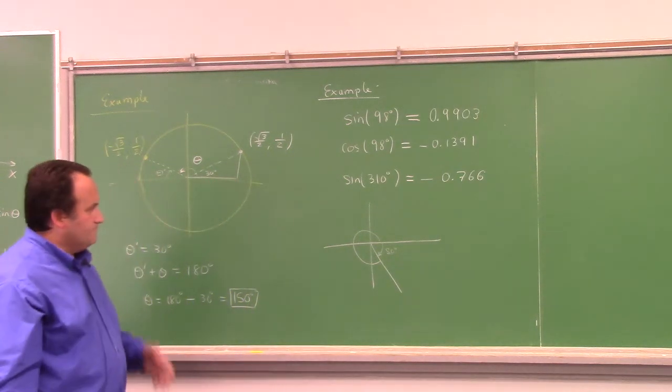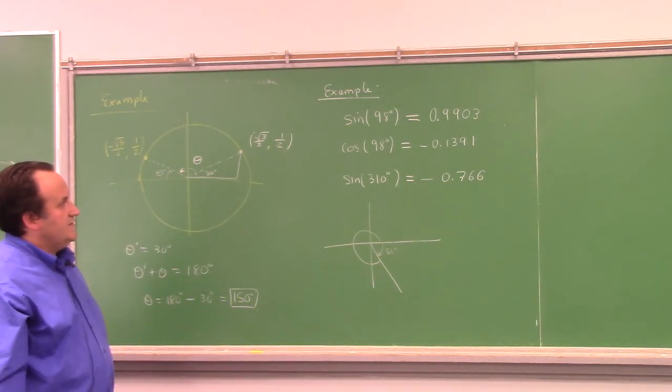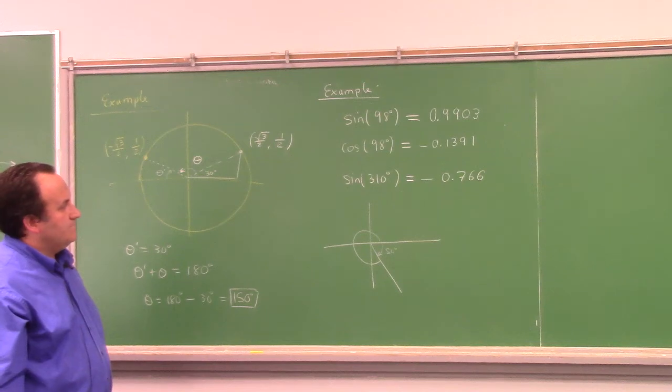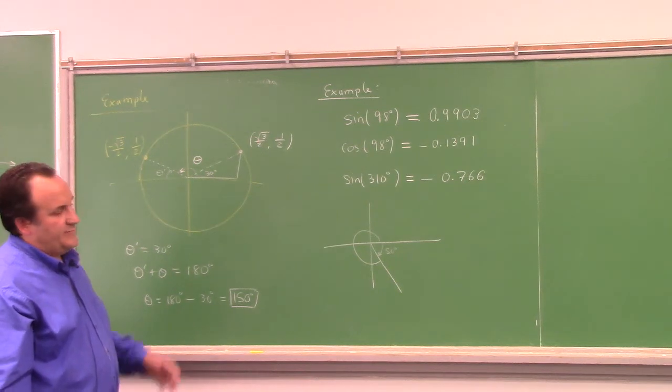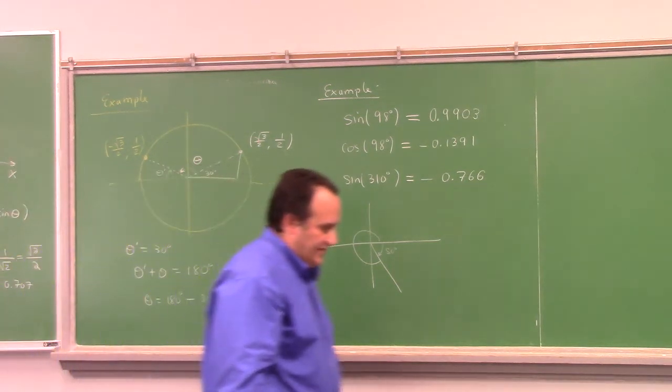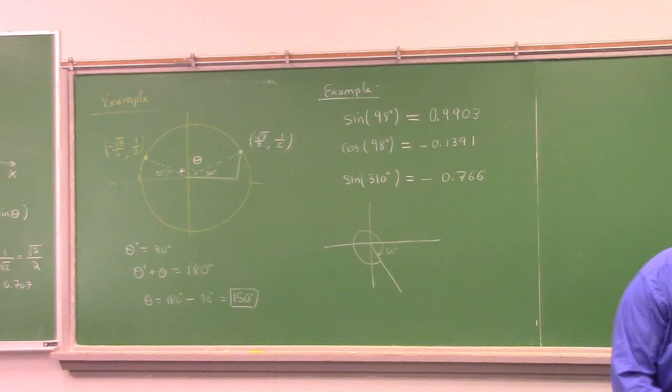But anyway, let's see here. What are other patterns we should observe? Well, there's many, many patterns we should observe about sine or cosine, and we will get to them in due time. Let's see here. Any questions about homework?